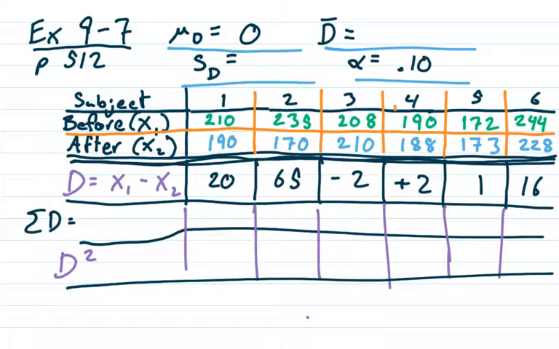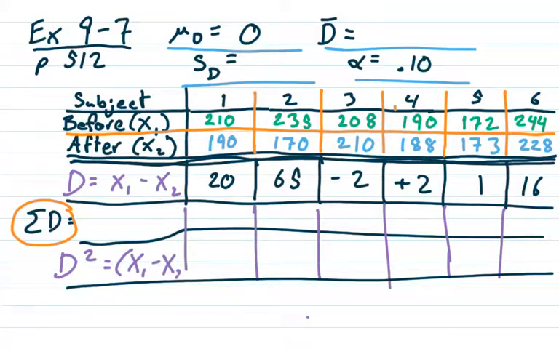So we're doing this for 2 reasons. We need to look at the sum of all of these differences, and then the next thing we need to consider is the squares of all of these differences.